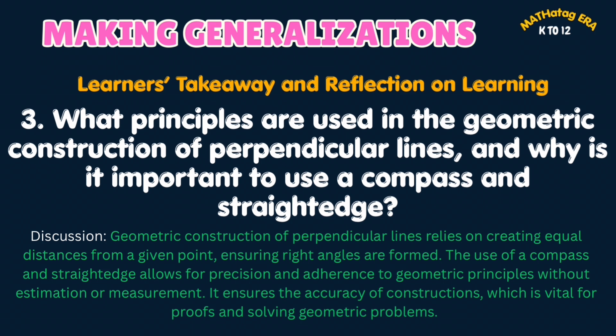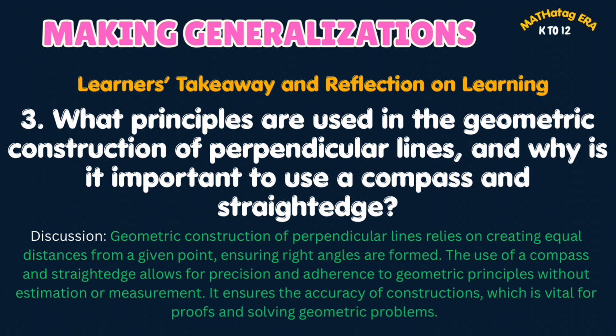The construction of perpendicular lines relies on creating equal distances using a compass. When arcs with the same radius intersect, they help identify points that are equally distant from specific points on a line. Connecting these points creates a line that forms a right angle, or 90-degree angle. The result is a perpendicular line.